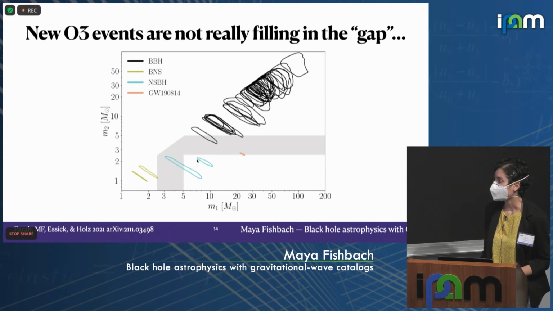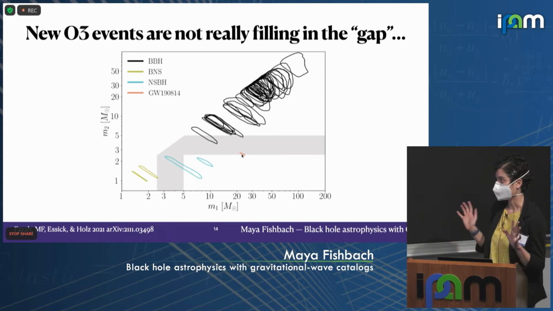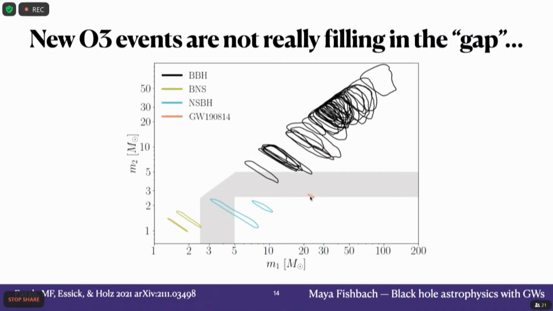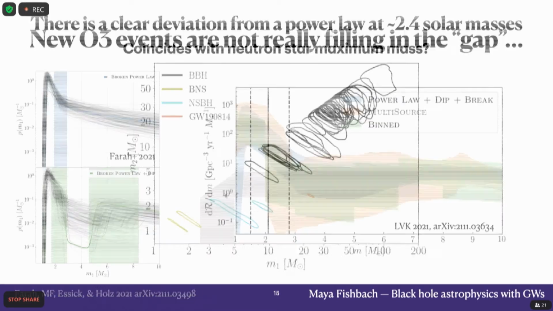And you can see that we are not really filling in the gap. We're getting a lot of events right on the boundary of the gap, and this one weirdo over here, GW190814, which seems to be right on the gap, and we are still very confused about what it is. But we're not getting a lot of events in this gap, so this looks kind of suggestive.